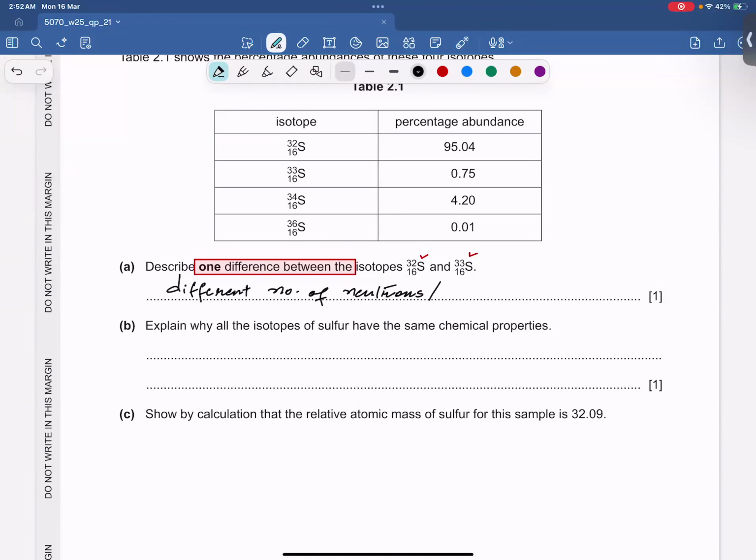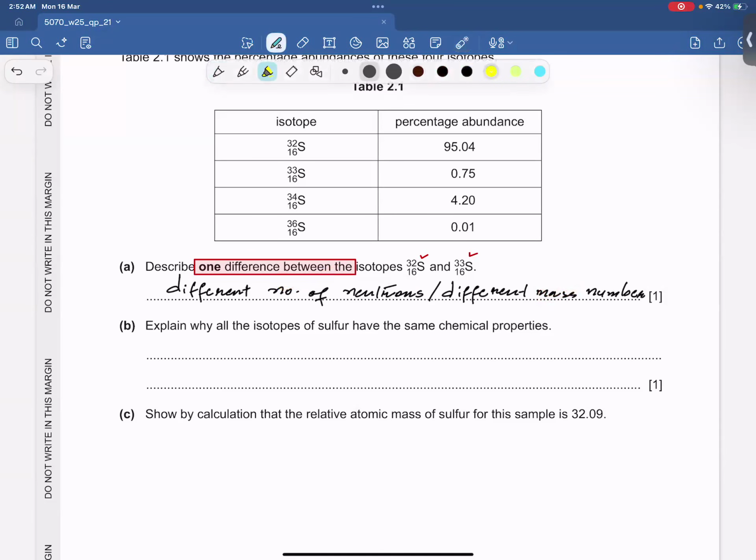Also, you can write different mass number. So both answers are acceptable.